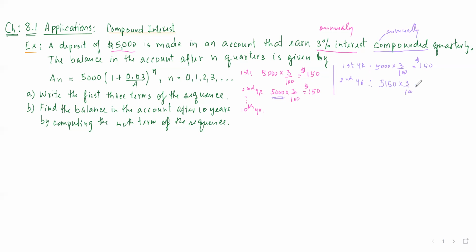You can use a calculator: 5,150 times 3 divided by 100, or 0.03. So you will earn $154.5.